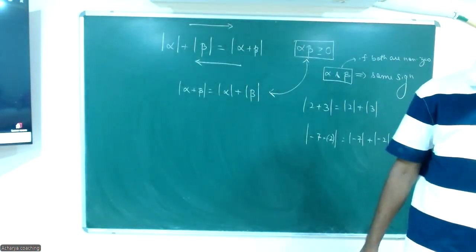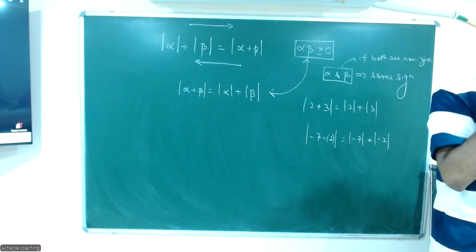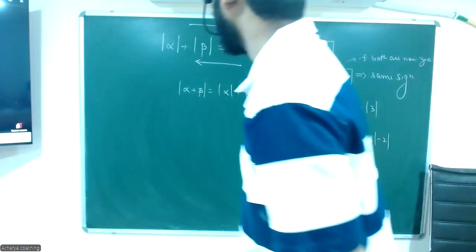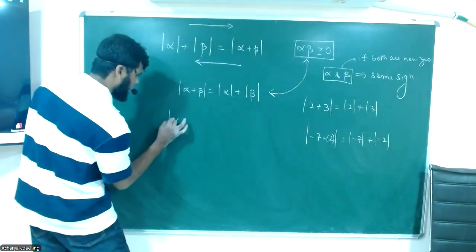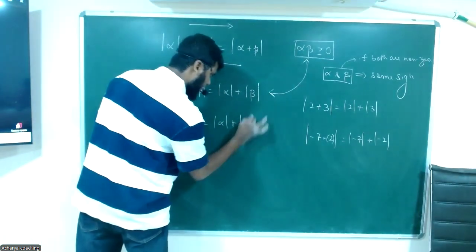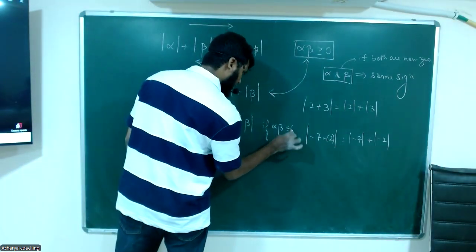So next property, modulus of alpha minus beta. This will be equal to modulus of alpha plus modulus of beta if alpha into beta is less than or equal to 0.